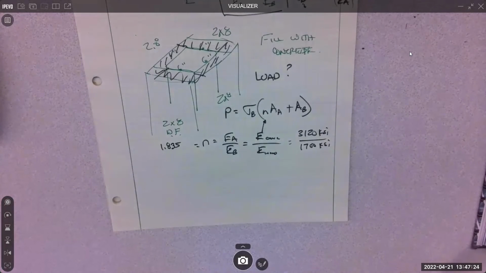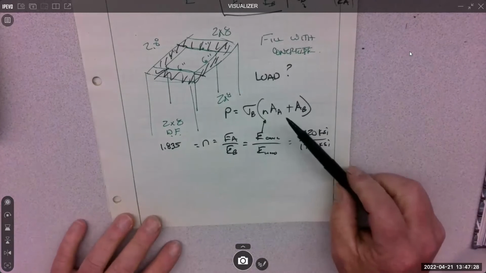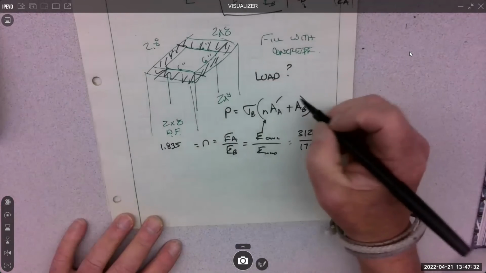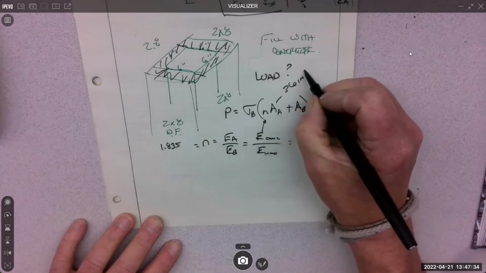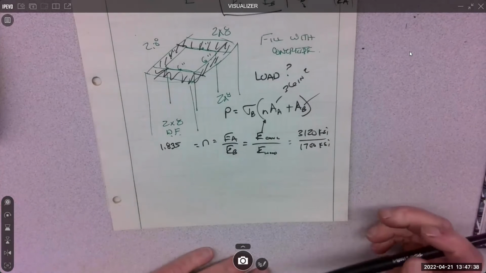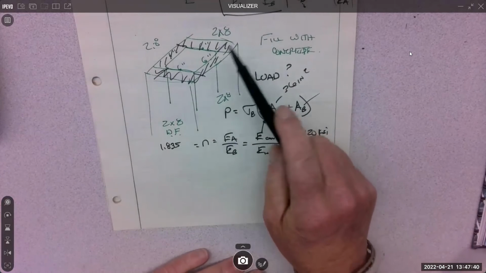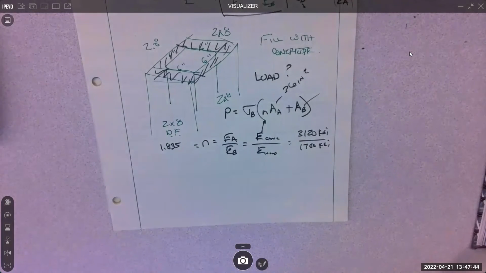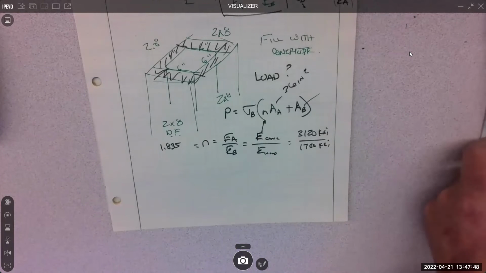I need the area of A. That's the concrete, A material is the stronger material. So this will be 6 times 6, 36 inches squared. And I need the A of the B material. So I need to know how much area is in a 2x8 and multiply times 4. So I'm going to look up a 2x8 because I know that number's in the back.